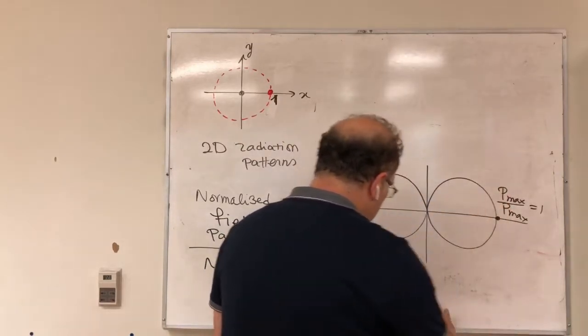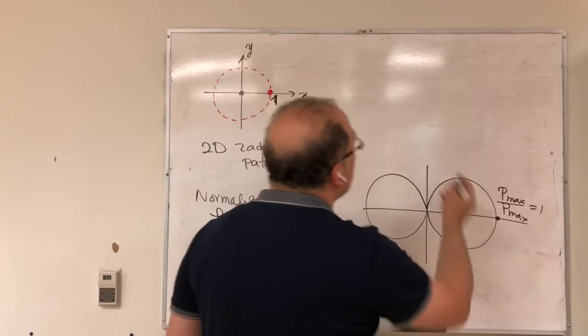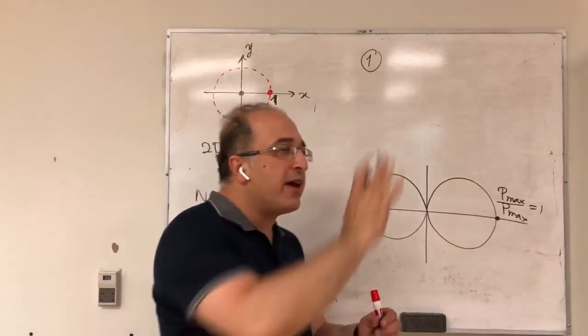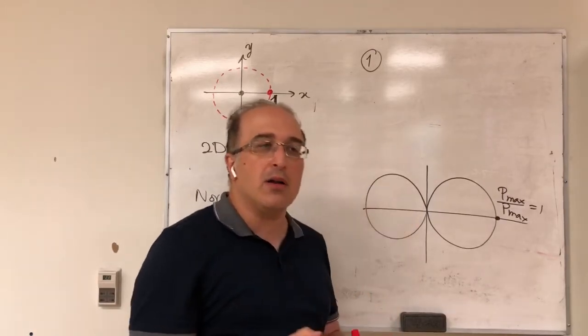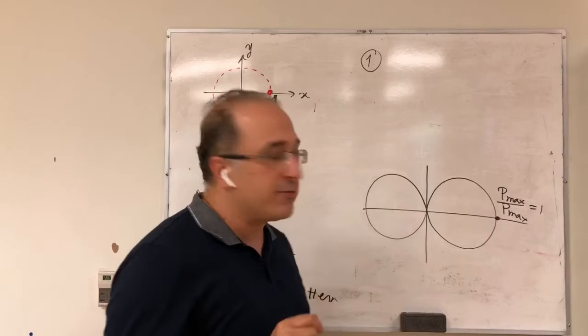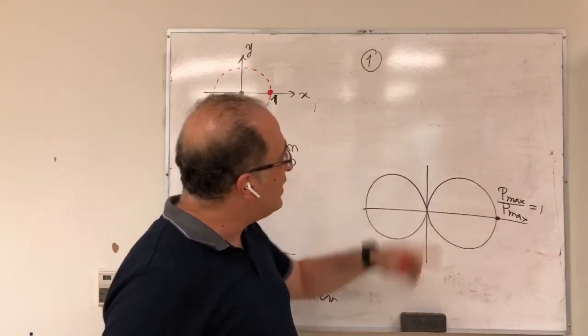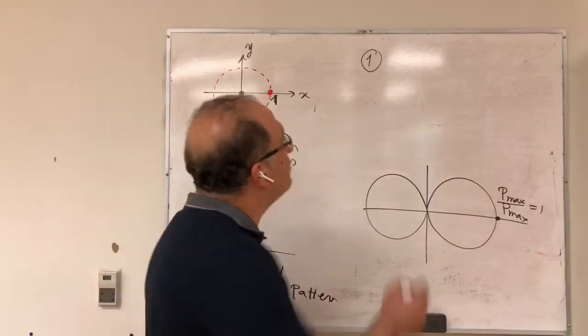Imagine you have your main beam, and because we normalize it, it's going to be 1. Then you have a direction where you have a very small value in your pattern. For example, look here. This is theoretically 0, but let's say in a real situation it is 10 to the power of minus 5.